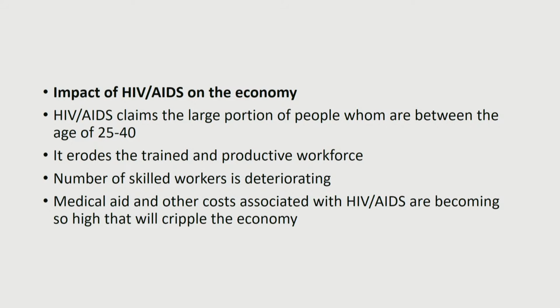Remember, they have to be funded from the revenue of the state. And if more money is channeled towards medication for HIV, which is so costly, then it means the country will not be able to cover other things that need to be covered, such as infrastructure and other social services within the country, and as a result, the country becomes crippled.